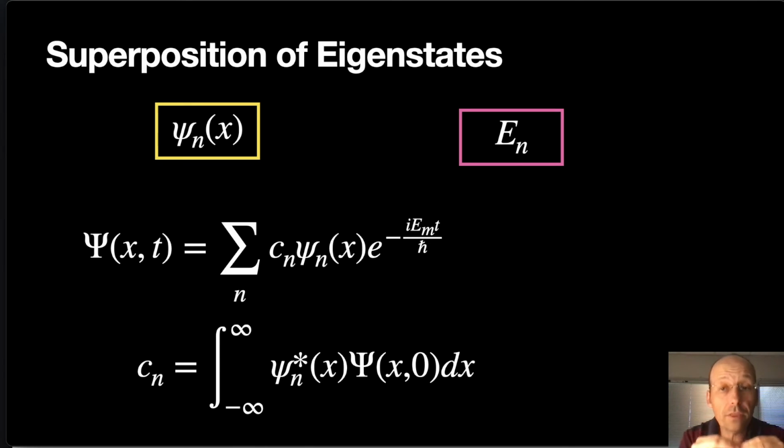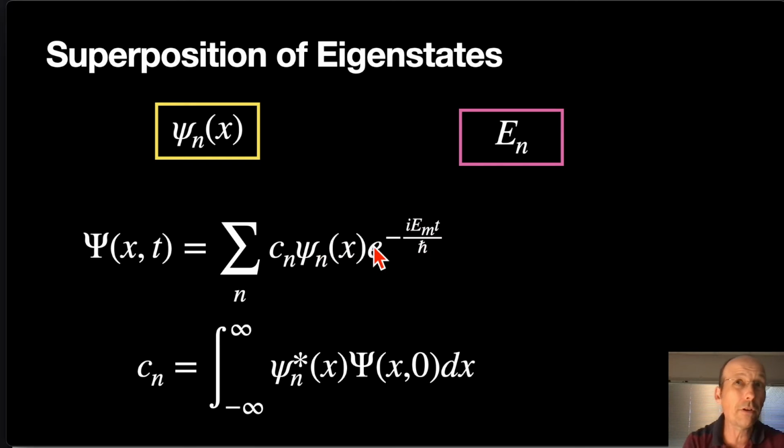But once I know what those wave functions are, I can use them to create other solutions. I can find any other solution as a linear combination of these known solutions. That's what this is right here. The wave function for anything could be represented as a sum of coefficients c n times those wave functions psi n, and then I have to include this time part in here too, which has E n in there too.